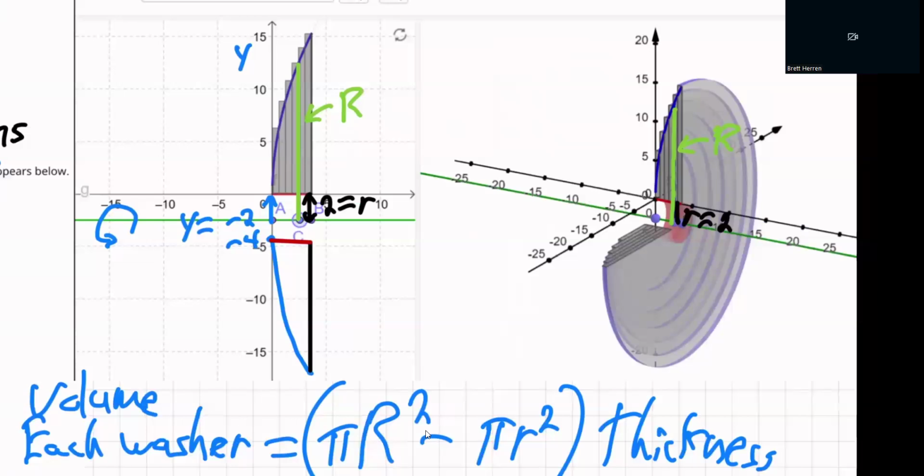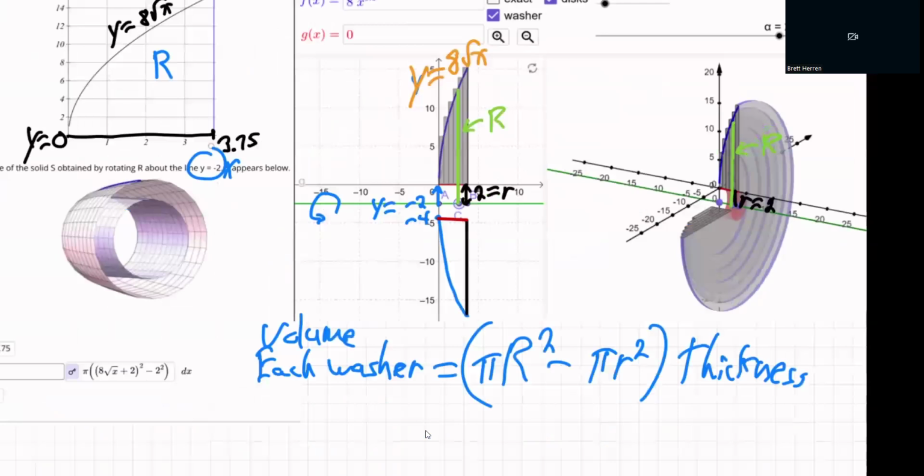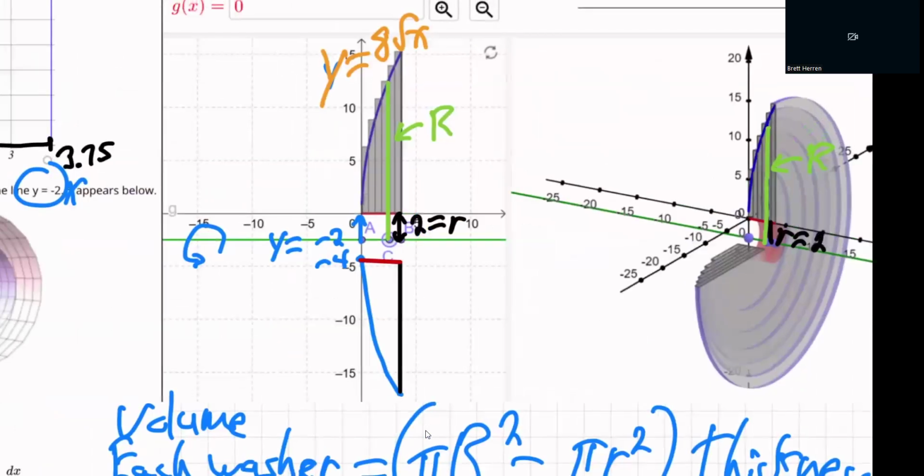Now, the outer radius, what's it going to be? Well, this is the curve y equals 8 square root of x, right? That's that blue curve right there. What is y now? Careful, careful.